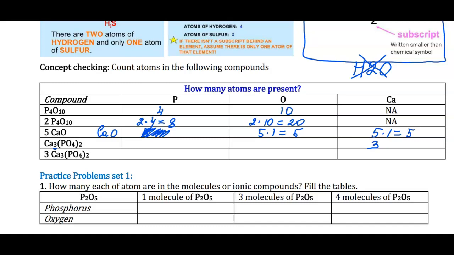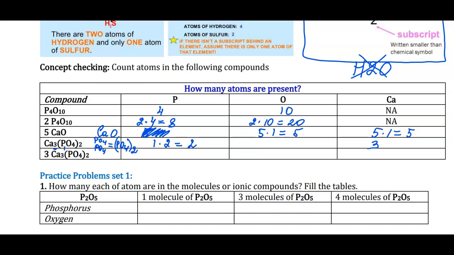So that gives us phosphorus 1 here, right? Because we don't need to write it if it's just one atom, but 2 times 1 gives 2 phosphorus. So (PO4)2 gives us PO4 and PO4. That is exactly the same as PO4 2 times, right?